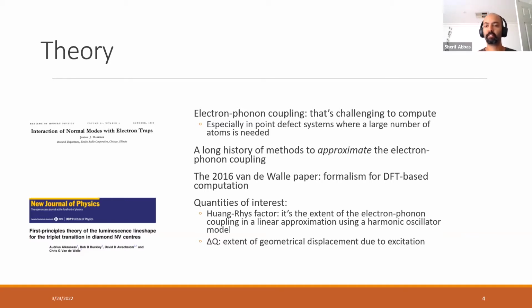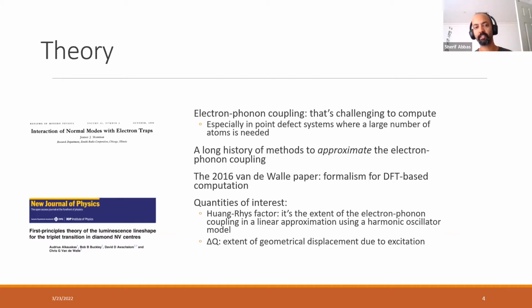The Huang-Rhys factor is another very important parameter in photonics, or in photoluminescence. If you don't know much about it, then you can have a look at the literature. It's based on a paper by Huang and Rhys, and it's a quantity that is a simplification for the electron-phonon coupling in the material. Electron-phonon coupling is the other phenomenon that happens when a defect absorbs light.